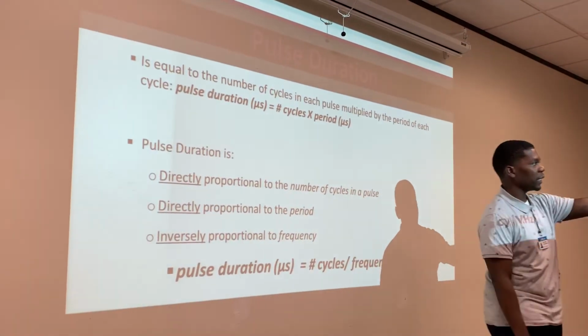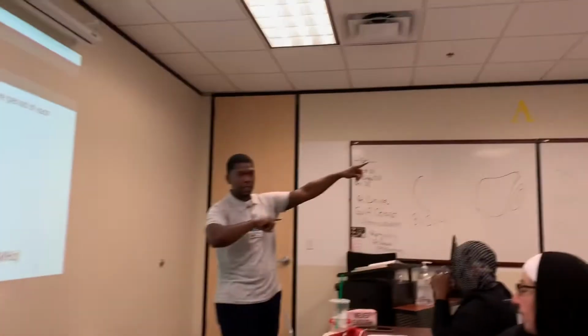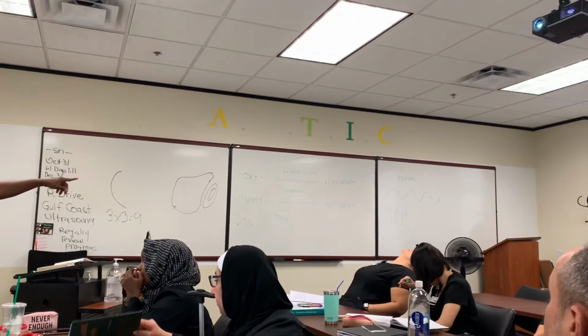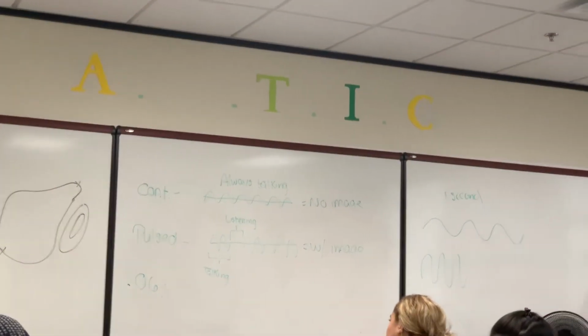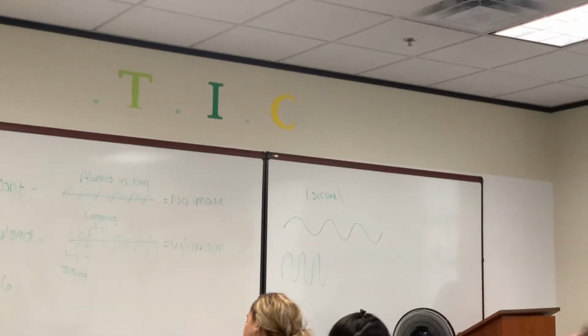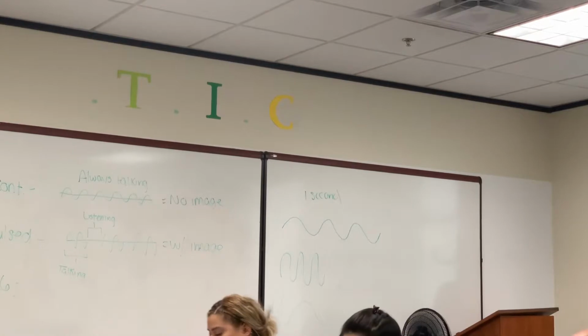If the frequency is high, then my pulse duration is going to be short. Look at number 1. That's a low frequency compared to number 2, right? So they're going to be inversely related. My longer pulse duration is going to be a lower frequency. The events aren't happening as often.